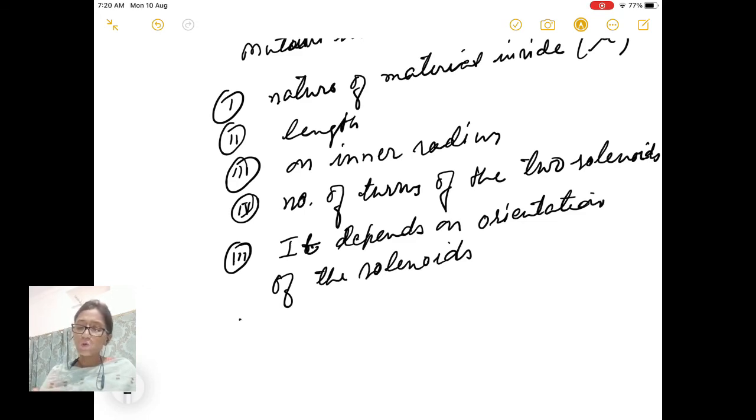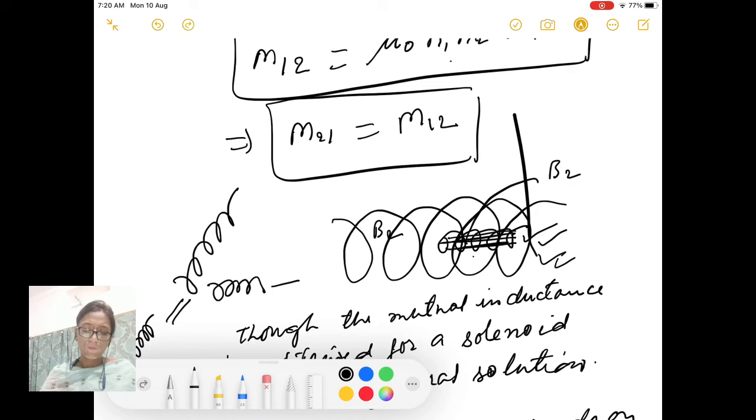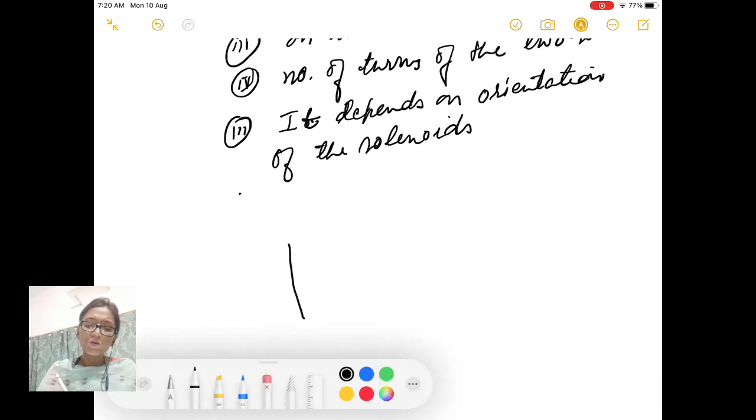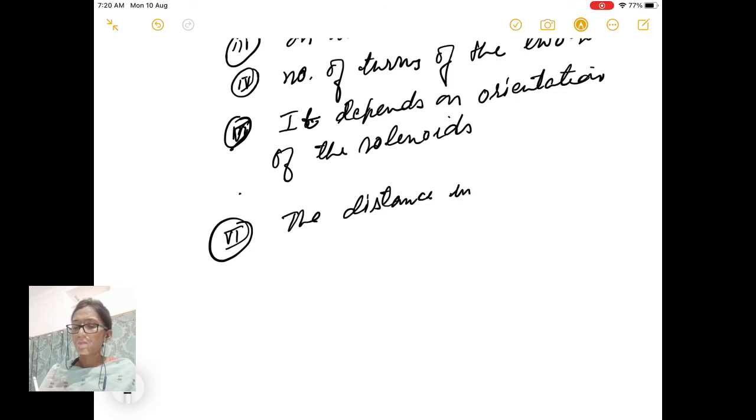If the distance of the two solenoids is large, then there will be less mutual inductance. So this is your 5th, and the 6th thing is the distance in between the two coils.